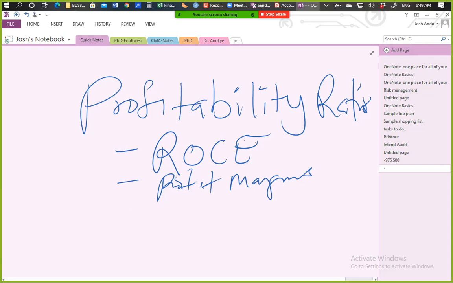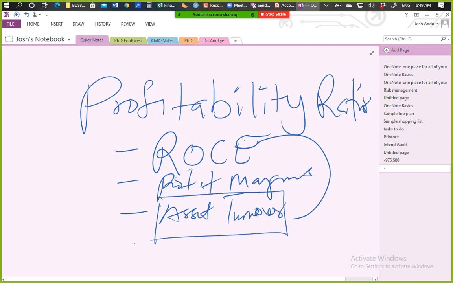A branch from here will make us talk about assets turnover. But specifically speaking, asset turnover is not a profitability ratio.